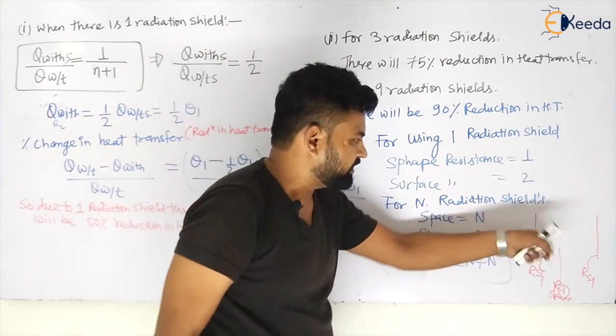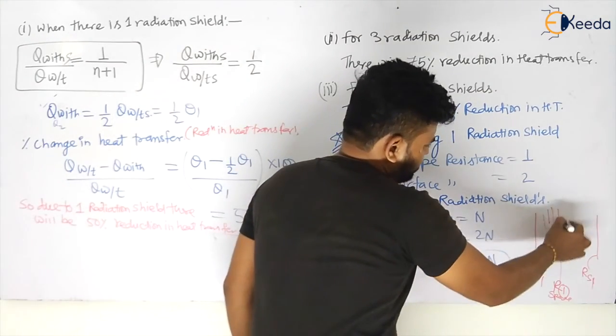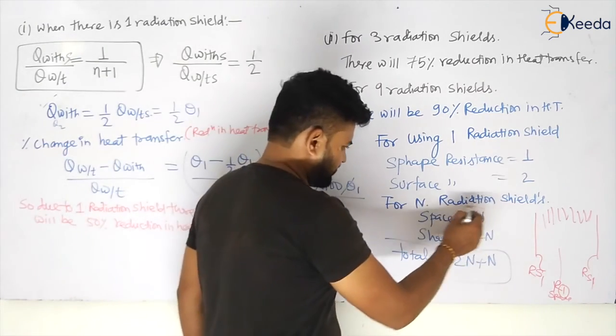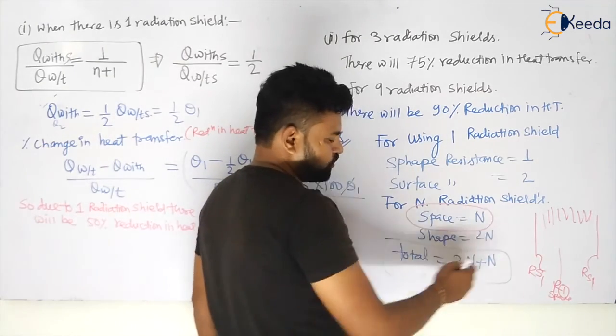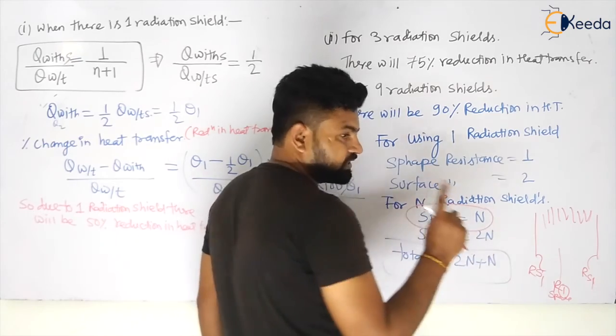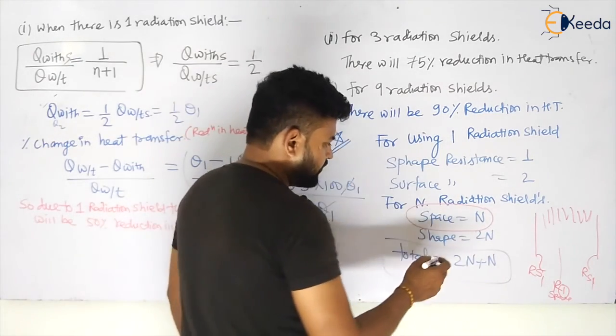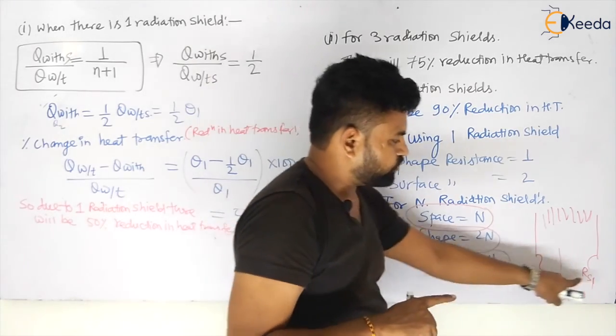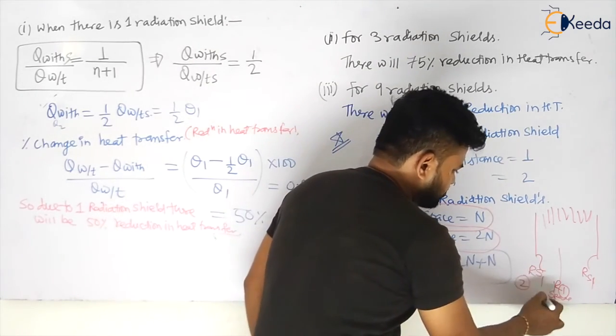So I am introducing n radiation shields, like this. So what is the increase? The space resistance increases by n. First there was only one space resistance. Now shape resistance increases by 2n. Earlier there were only 2 surface resistances and 1 shape resistance.